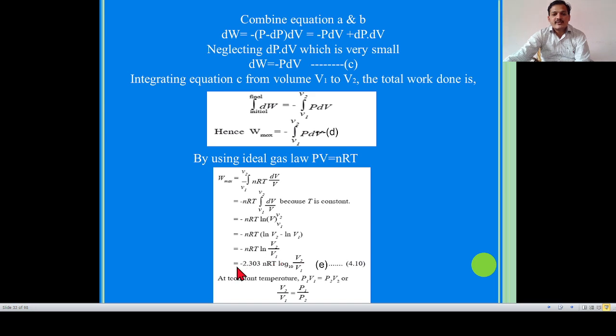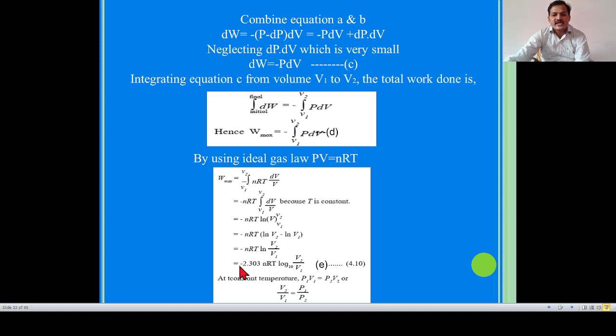Then W is equal to minus nRT natural log V2 divided by V1. We have to convert the natural log, which is used in integration, into simple logarithm with base 10, and the conversion factor is 2.303.